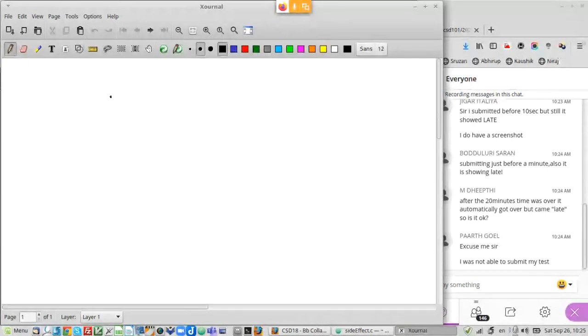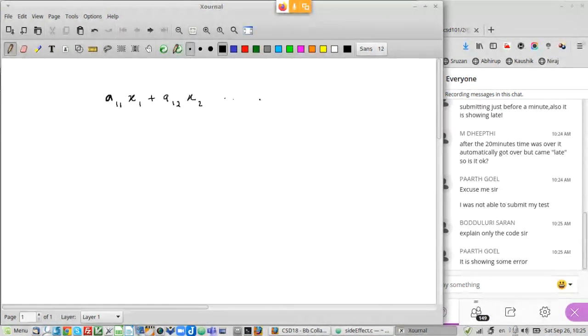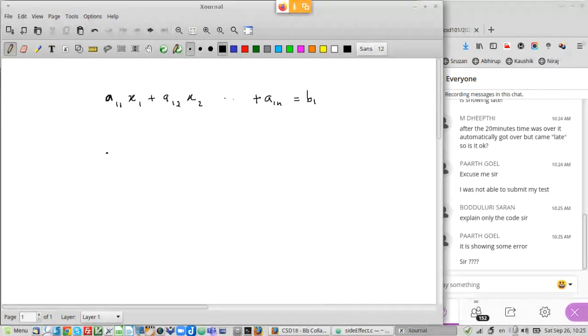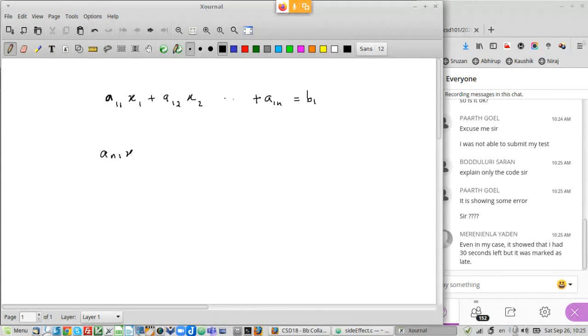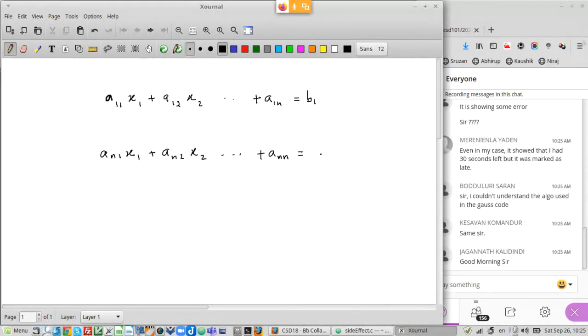So if you look at a system of linear equations, now this is something that all of you have done in your class 12, right?